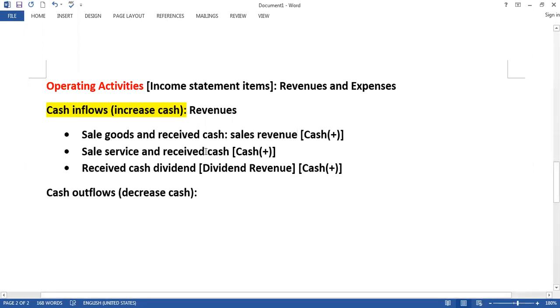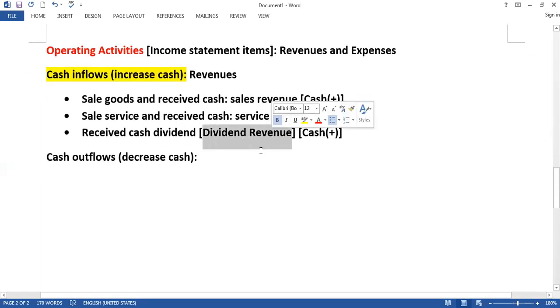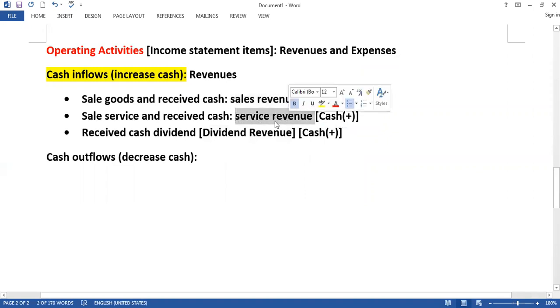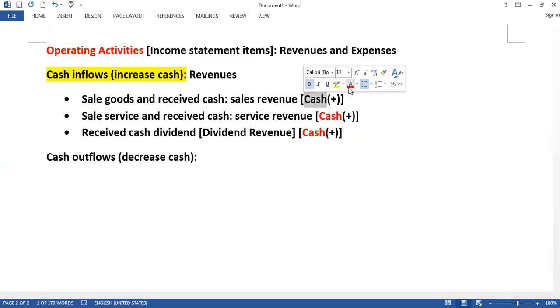This one is called service revenue. And this one is called dividend revenue. So everything is related to revenue: sales revenue, service revenue, dividend revenue, and everything should be related with cash. And this kind of revenue will increase your cash, so cash inflows.